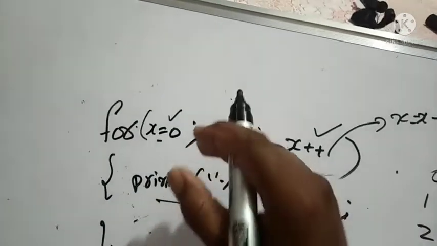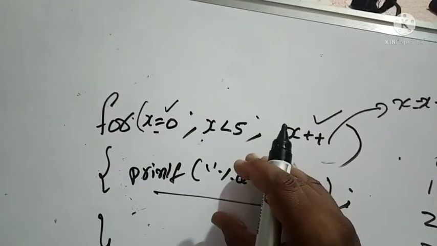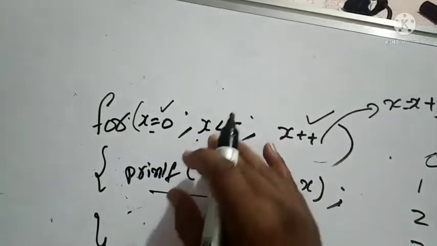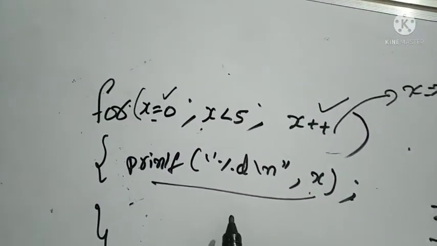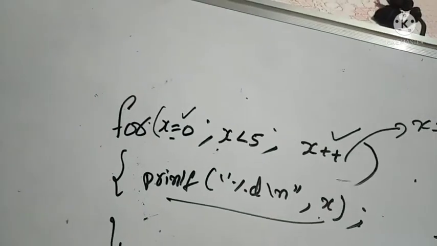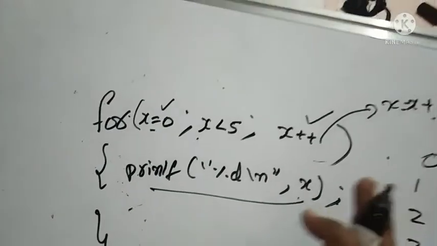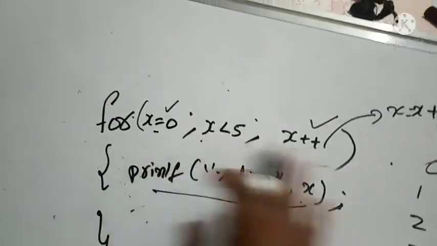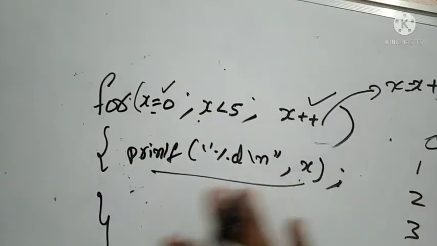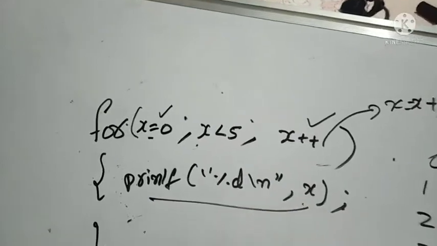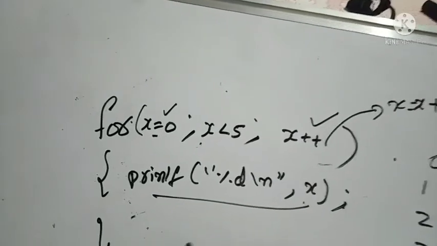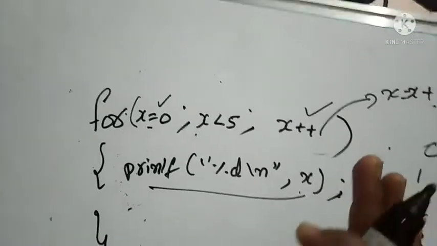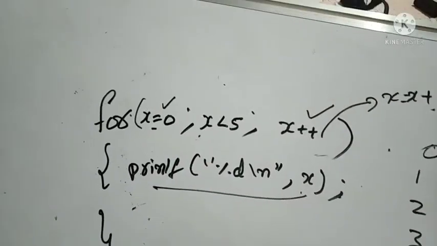If the condition doesn't satisfy at all at the start, it will not execute even a single time. If the condition always satisfies, then it will go for an infinite loop.